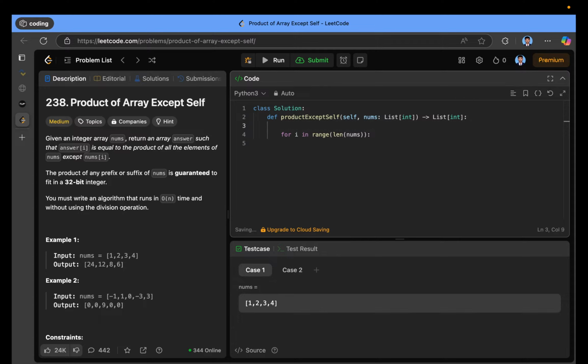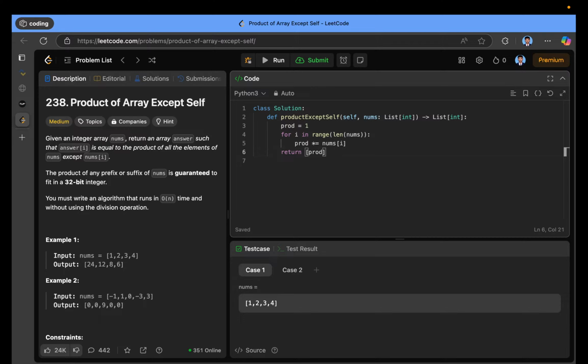Let's first find out the product of each and every element. I am not allowed to take zero. prod star equals nums i, and then now I have the product of each element. Now I have to just return. Then I should use the return here. nums, no, prod, nums.